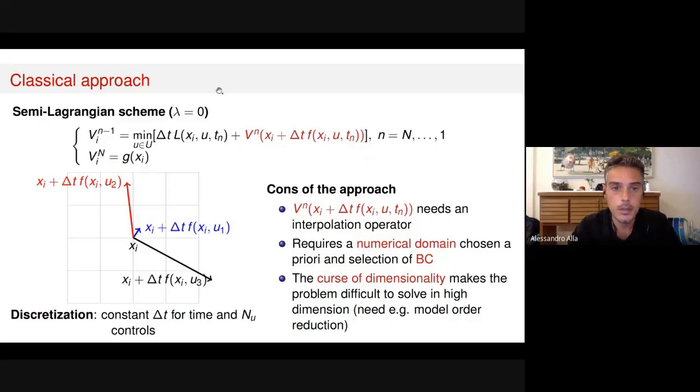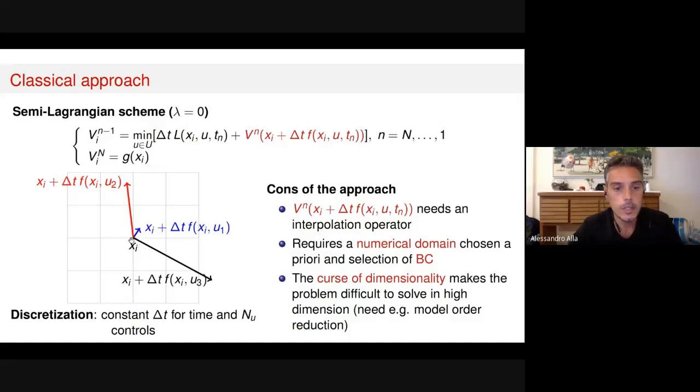Another problem is that we have to constrain this problem to a numerical domain, which imposes on us to select some boundary conditions, which of course slightly modify the problem, so they are not natural. And also, whenever we want to compute this term, we end up in a point which might not be on the grid.